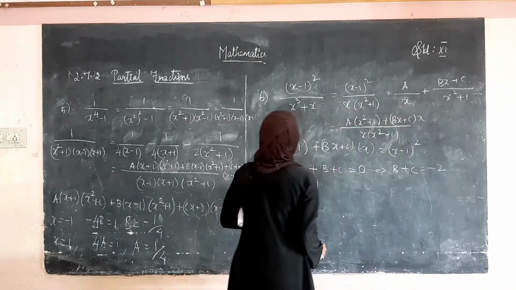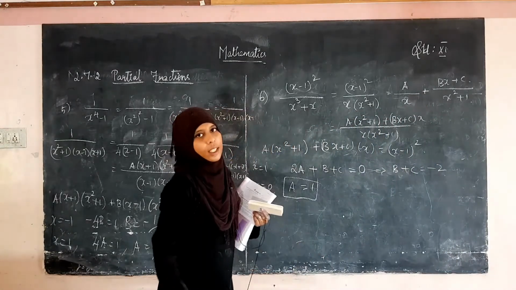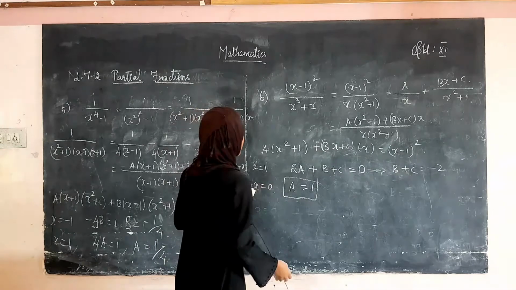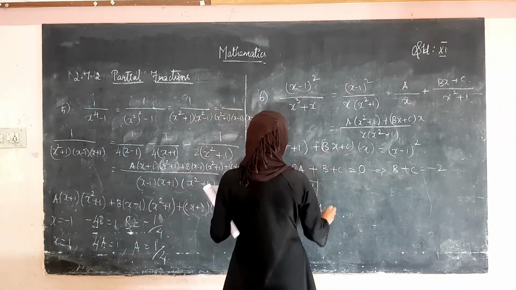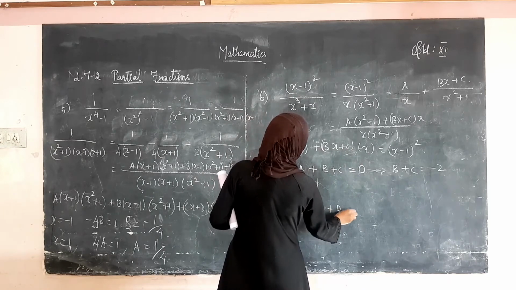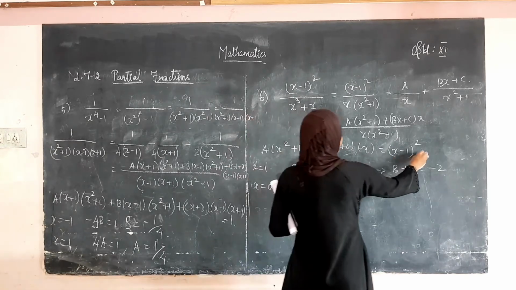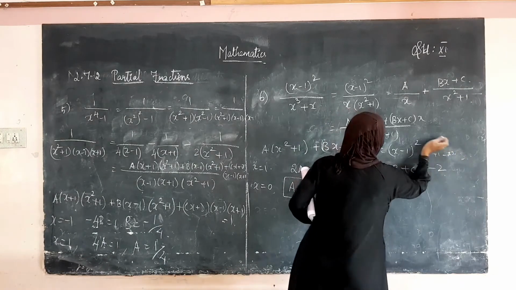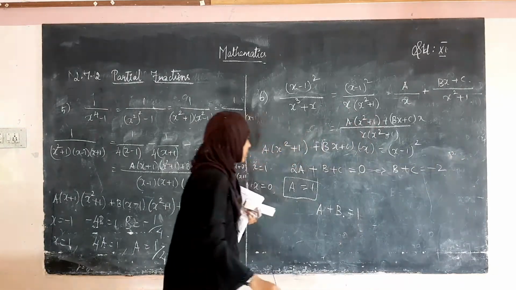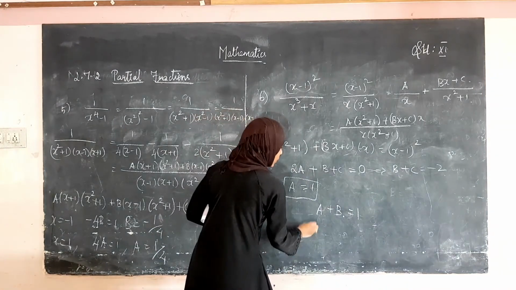Now what we can do? Shall we equate the coefficients of x square? Here it is a and here it is plus b equal to, this term can be written as x square plus 1 minus 2x. So it is 1. What's the value of a? A is equal to 1.